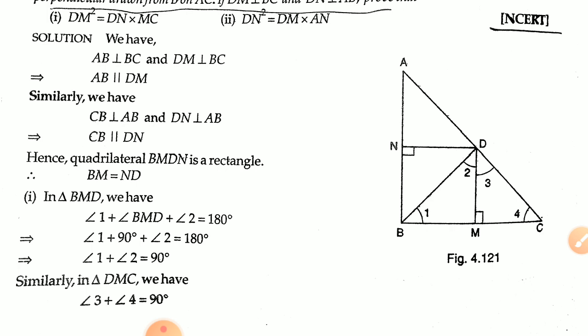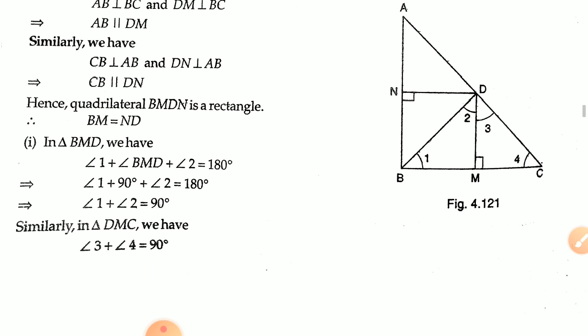If two lines are perpendicular to one line, then the two lines are parallel to each other. Here AB is perpendicular to BC. Similarly, DM is perpendicular to BC, means these two lines AB and DM are perpendicular to one line BC, and therefore they must be parallel to each other.